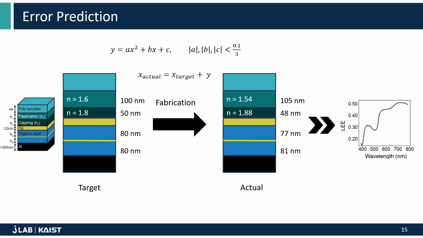So we set the difference between the actual and target value as the error, which is represented by y, and it is a function of x: ax squared plus bx plus c. In that case, a, b, and c are randomly selected between minus 0.1 divided by 3 and 0.1 divided by 3.